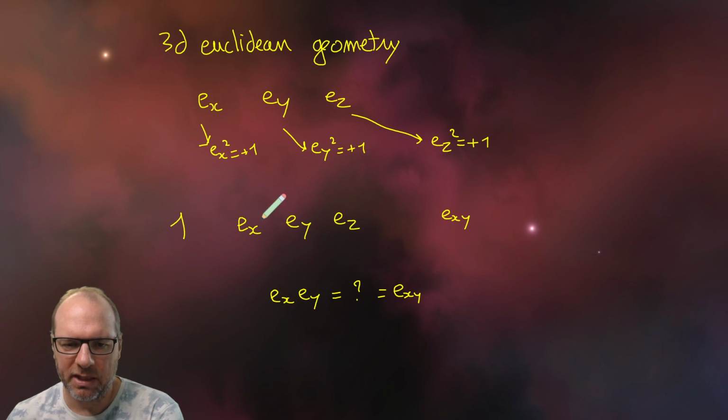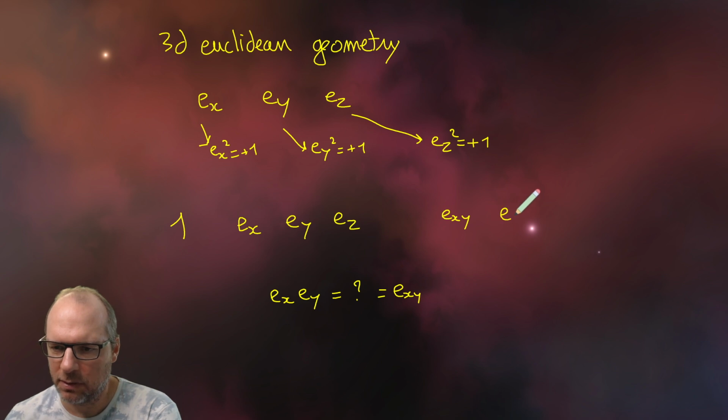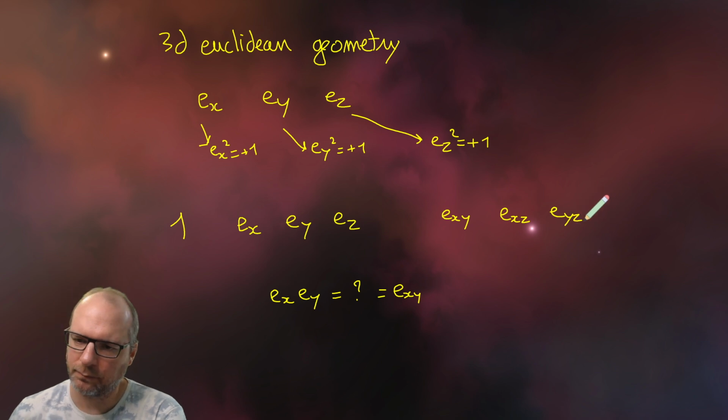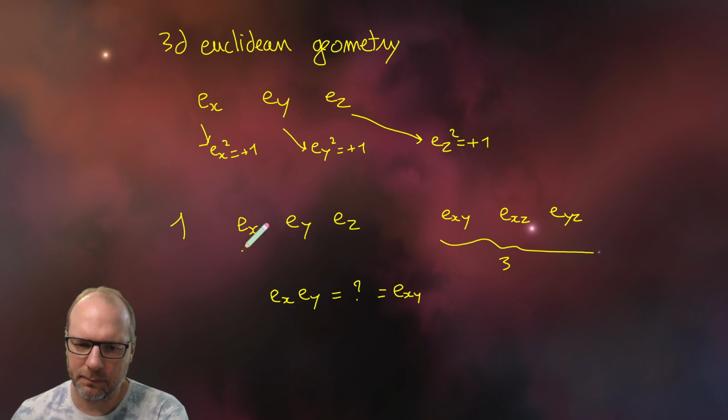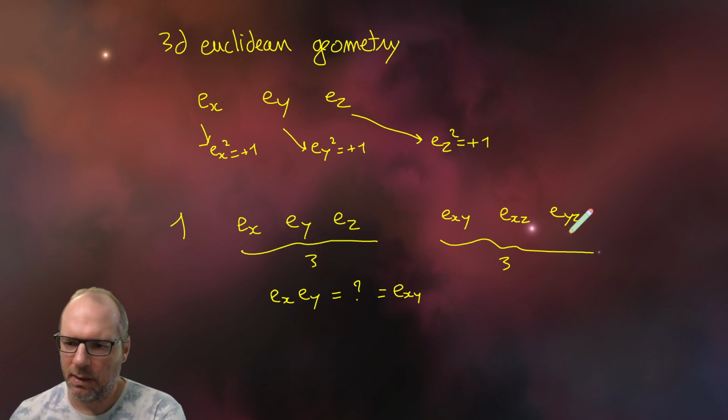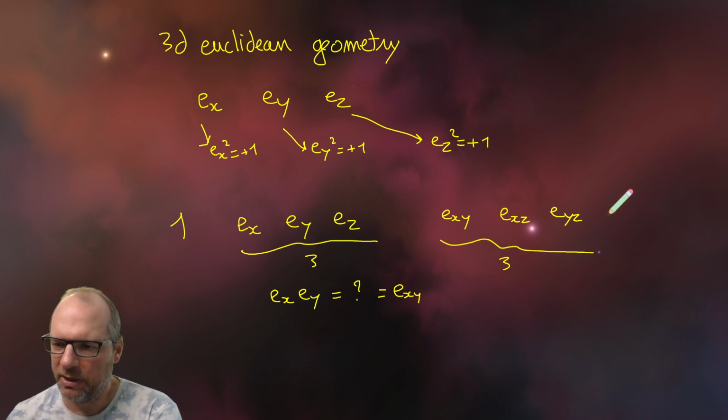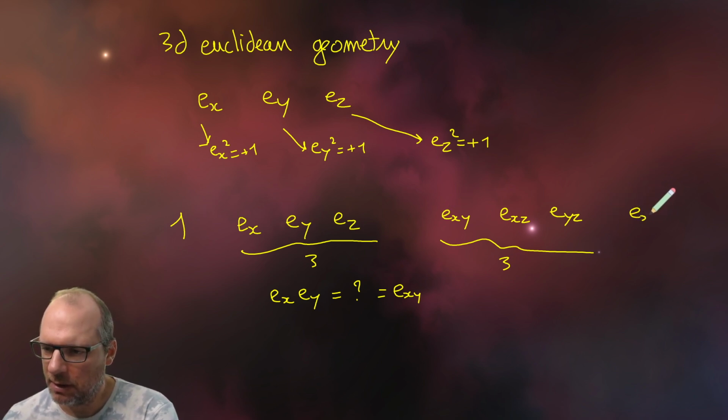We can multiply e sub x times e sub z. This is another symbol. And e sub yz. So we have 3 more symbols. And we can multiply the 3 together: x, y, z.